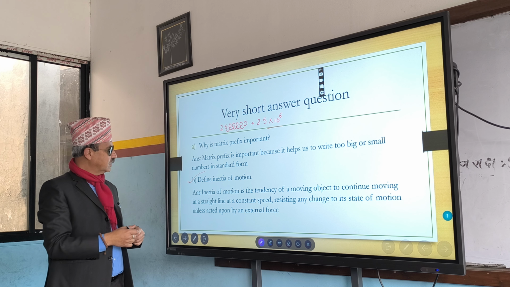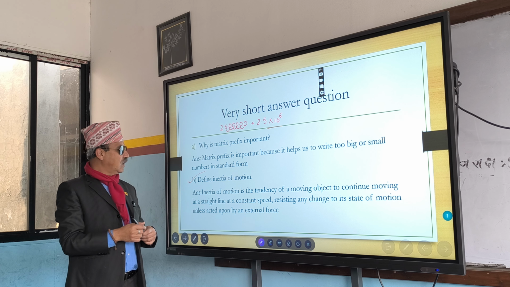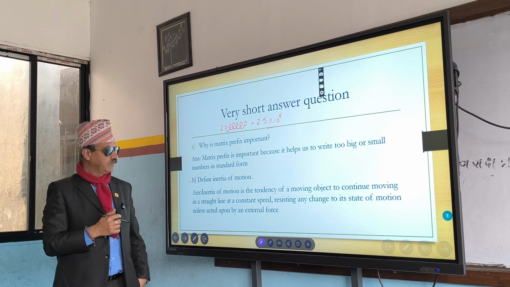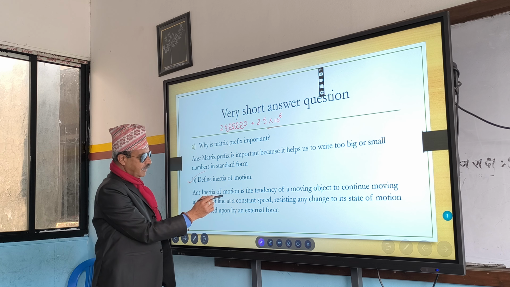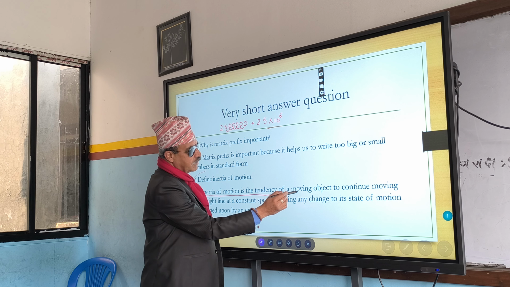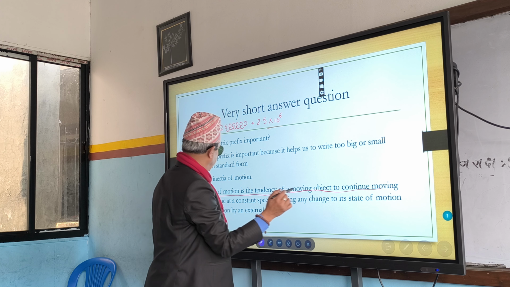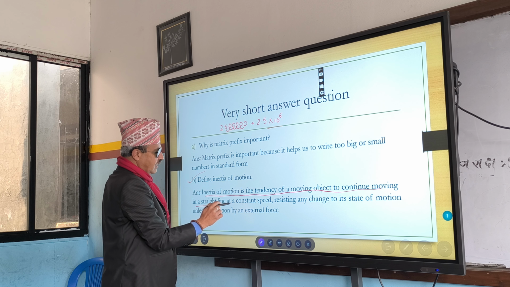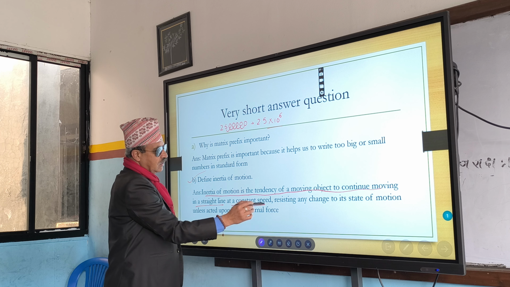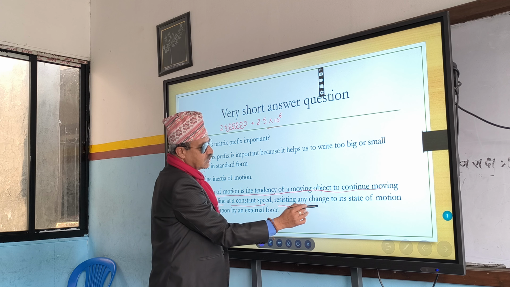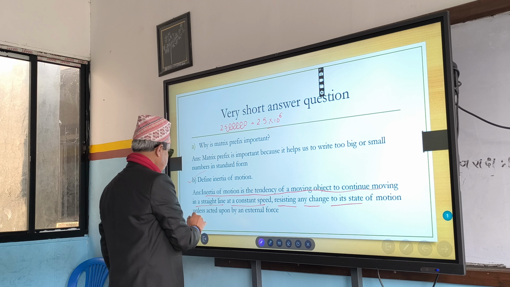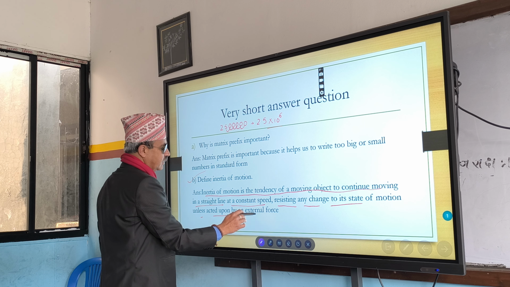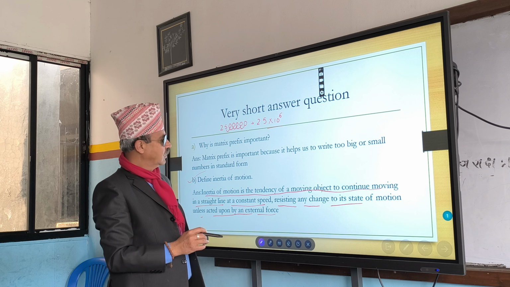Number B, what is the question? Define inertia of motion. What is the definition? Tendency of a moving object to continue moving in a straight line at a constant speed, resisting any change to its state of motion unless acted upon by an external force.